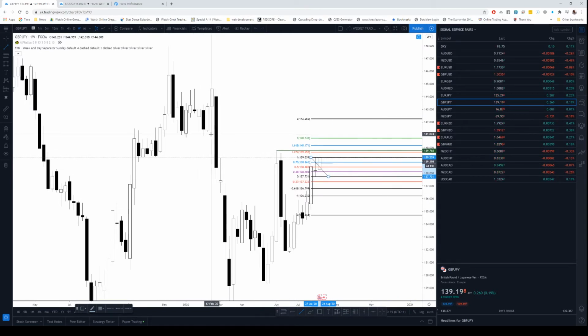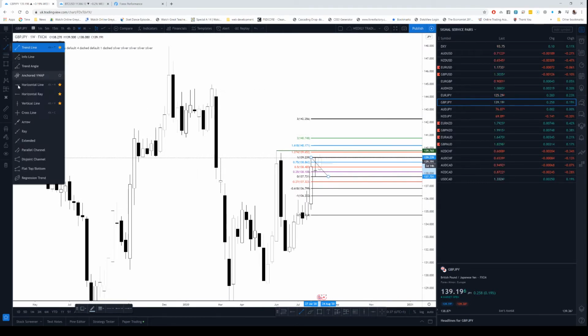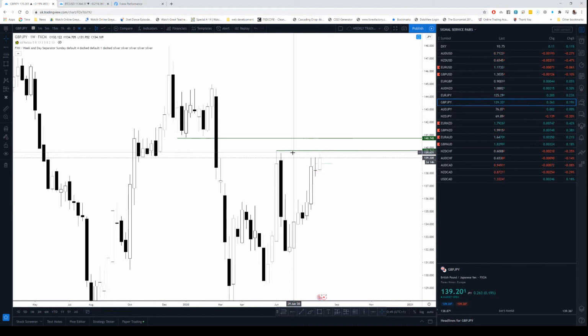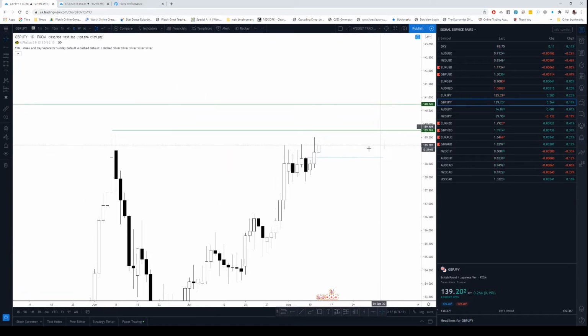Ultimately, I think this is where price will drop back to, but for now let's just respect protocol and put it right here. Okay, so the next upside objective is that one, and then we'll be looking for price to reach there.